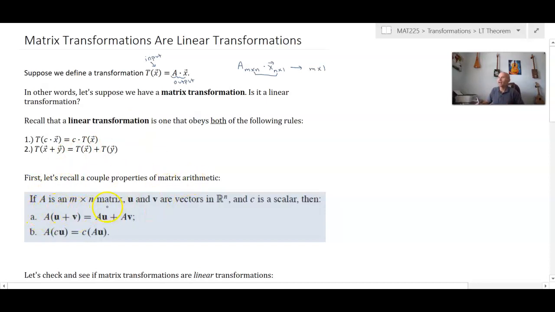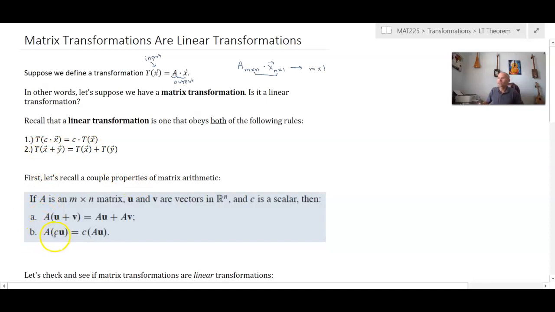If A is an m by n matrix, u and v are vectors in Rn, and C is a scalar, then if you multiply the sum of two vectors by a matrix, you can actually distribute that matrix in. Now, this is a property of multiplication. Notice that this is not T times x plus y, so it's not that we're really distributing it, but notice that property 2 and property A look very similar in a way.